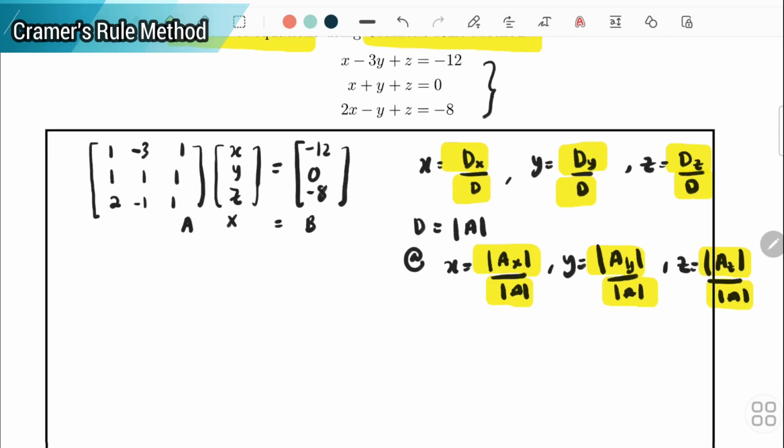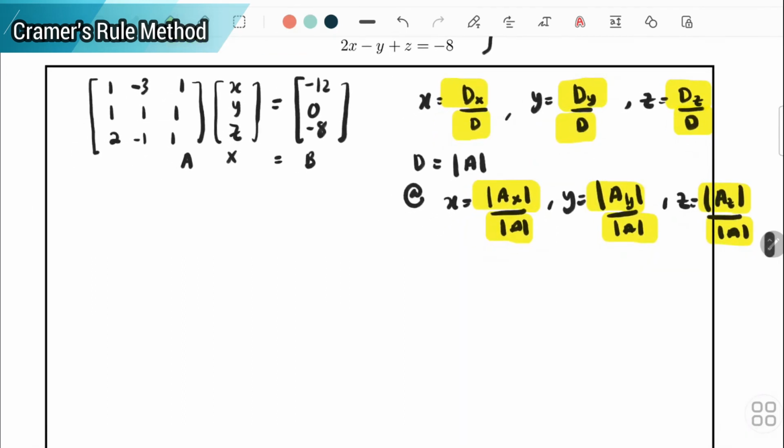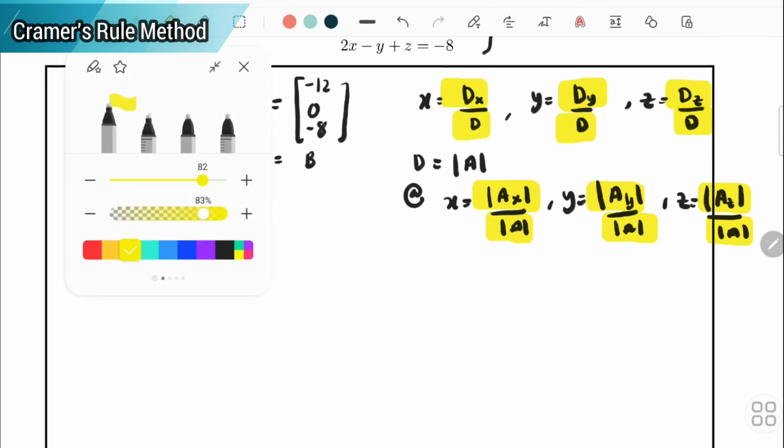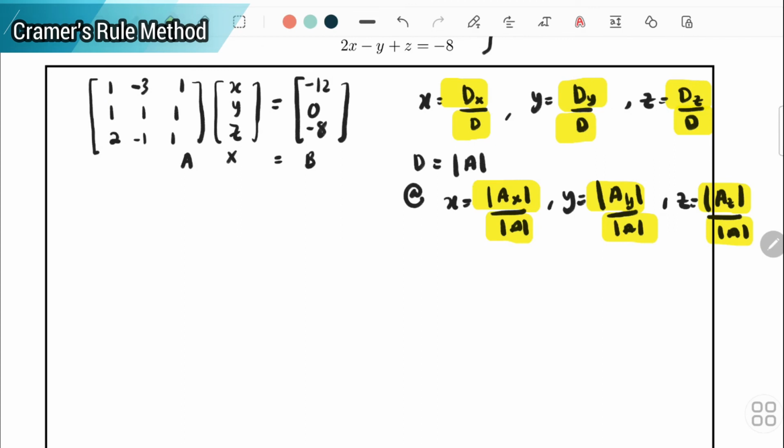Okay, so we start with finding the determinant of A. The determinant of A is the determinant of the matrix 1, -3, 1; 1, 1, 1; 2, -1, 1.